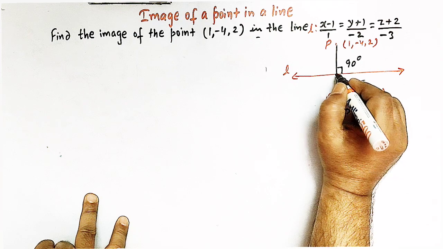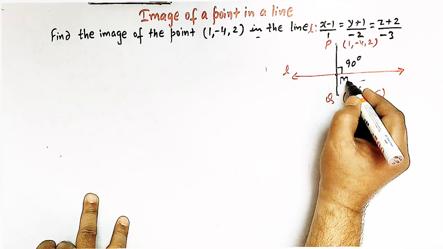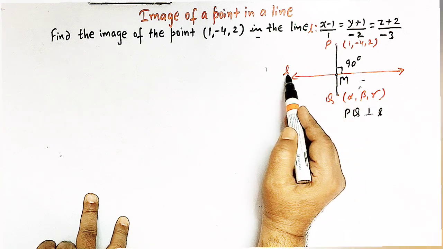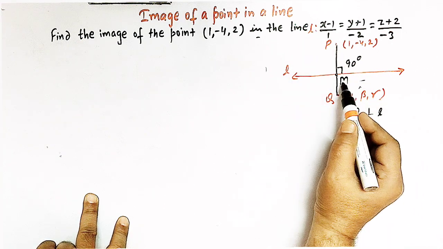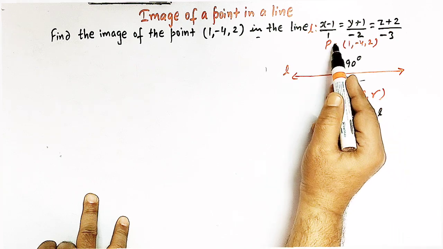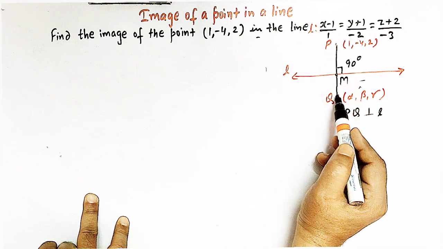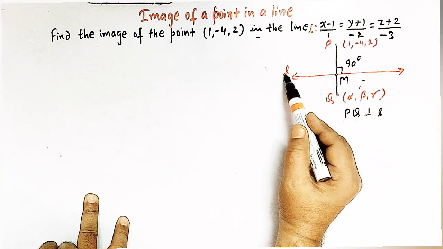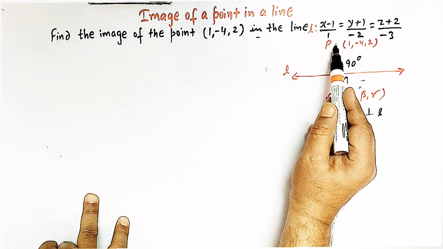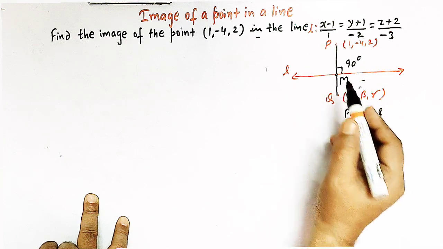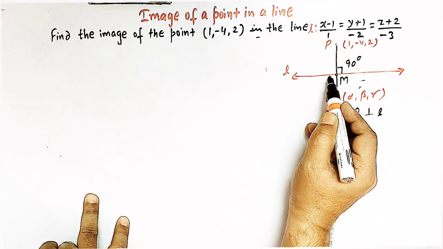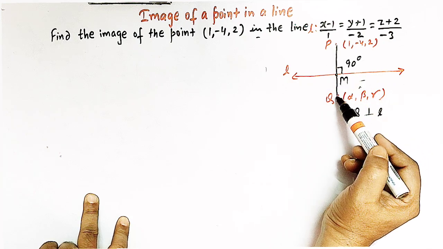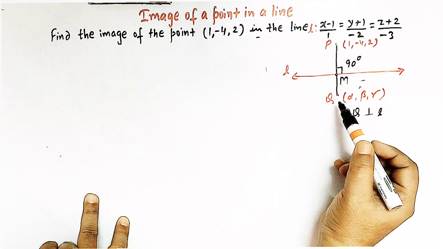Now let us call this point M, the point of intersection of this line PQ and this line L. So M is the midpoint of the line segment PQ, because points P and Q are equidistant from the line L, since P is the point whose image is Q, and this line L acts as a mirror. So this point M is equidistant from the points P and Q.